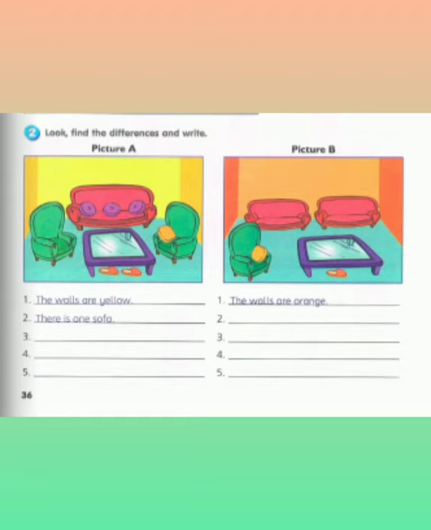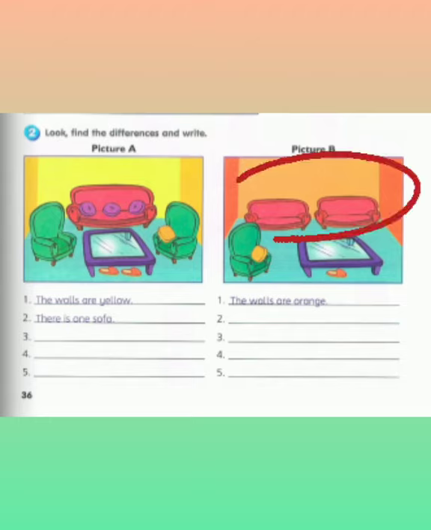Okay, so picture B. Okay, let's look. Ada berapa sofa di situ? How many sofas there? Yes, 2 sofas. So, how to write it? We use there is or there are? Yes, we use there are because it has 2 sofas there.